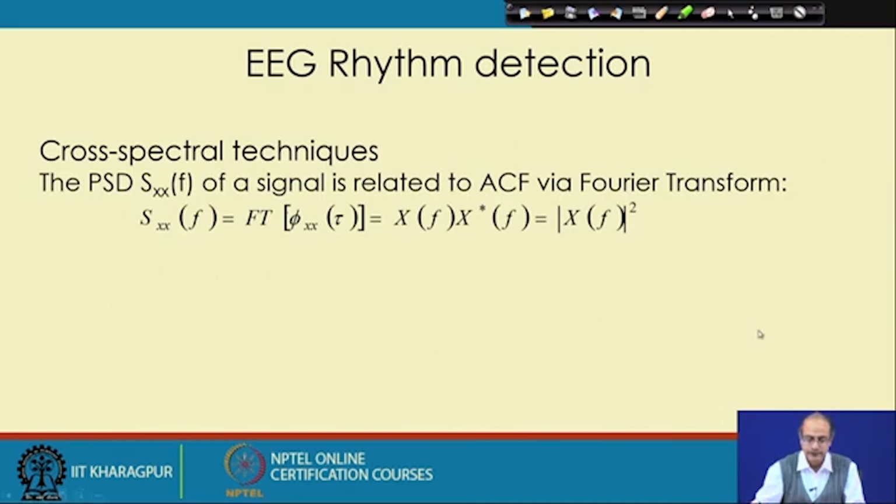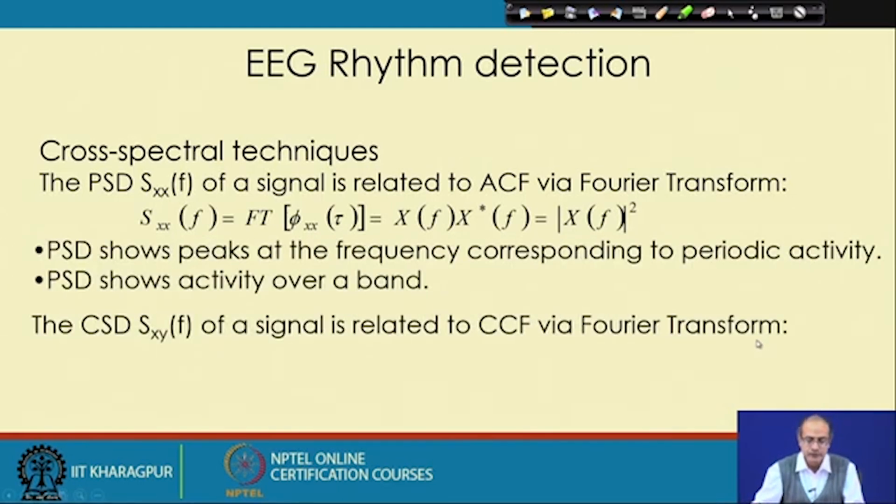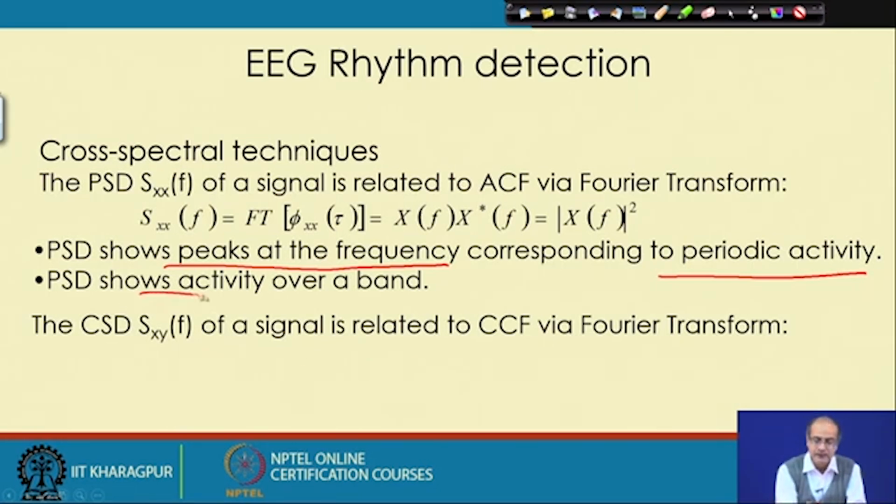So, here, if there is any periodic activity, the PSD would give a peak at that frequency, and if there is a band over which the activity is there, that will also be visible.